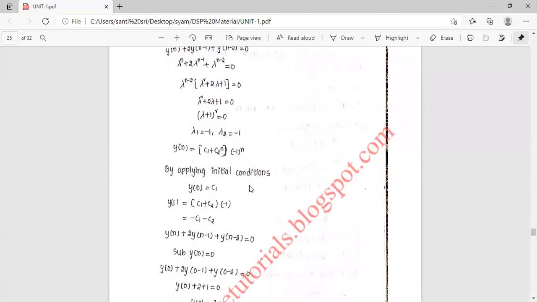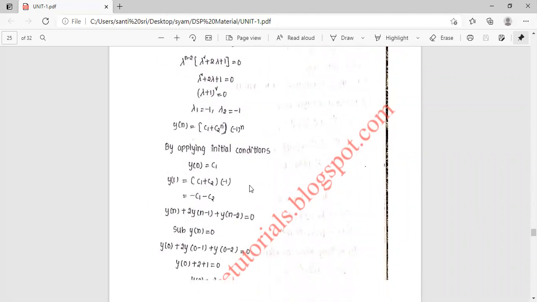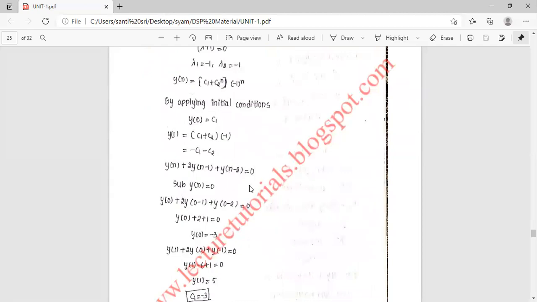So then y of n plus 2 into y of n minus 1 plus y of n minus 2 equal to 0. Substitute n equal to 0. So that will become y of 0 plus 2 into y of minus 1 plus y of minus 2 is equal to 0, or y of 0 plus 2 plus 1 equal to 0, or y of 0 is minus 3. Then apply n equal to 1.